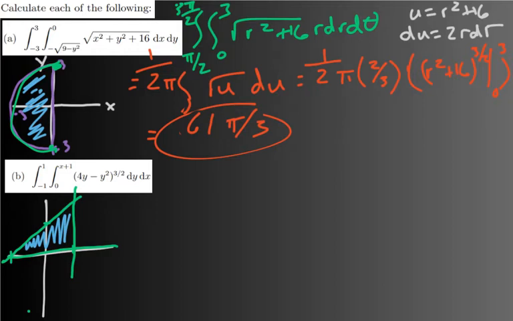And some important points. This is 1, 2. This is -1, 0. This is 1, 0. So yeah, we're integrating over that triangle with those vertices. And this is a good one to go over because if you do dy first, it looks like a kind of a disaster, but if you do dx, it's going to be much easier to solve.